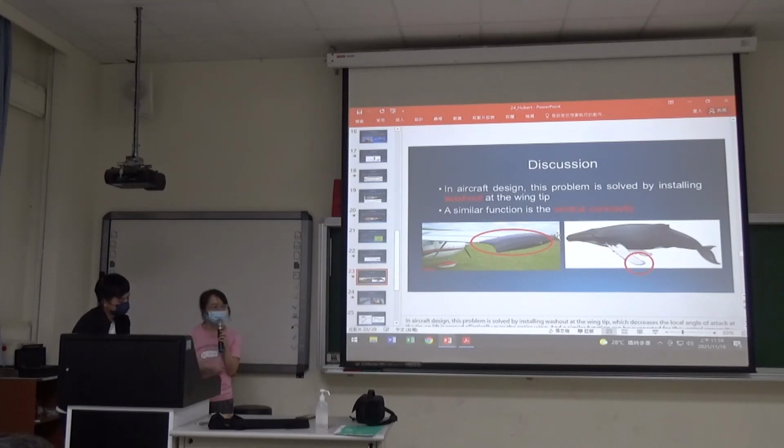I was really wondering, what do you mean by ventral concavity by showing this? So that means you didn't choose the right image to explain yourself. So you have to choose a better image. There are so many terms.